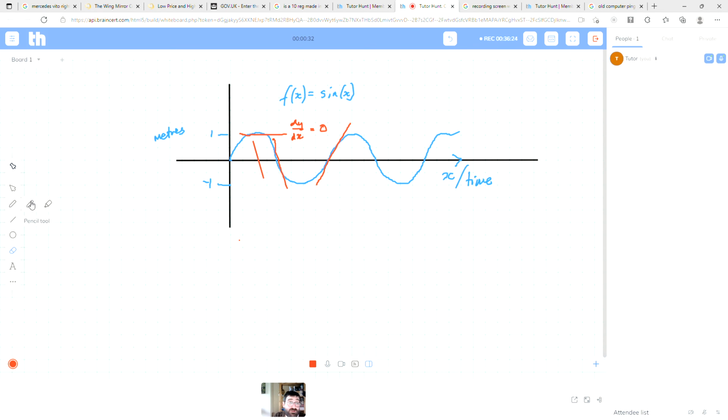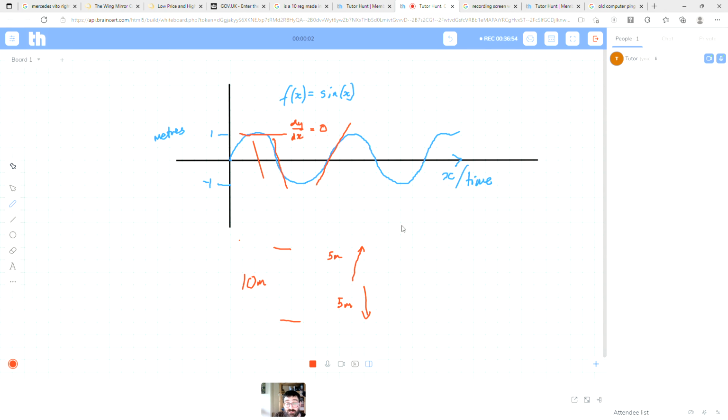So if I have a look here, quite briefly, I could make my high tide and my low tide 10 meters apart. Okay, it's unlikely, but let's say it's 10 meters apart. So if I was going to do that, I would want my top point to be 5 meters from the midpoint, and my bottom point to be 5 meters from the midpoint.